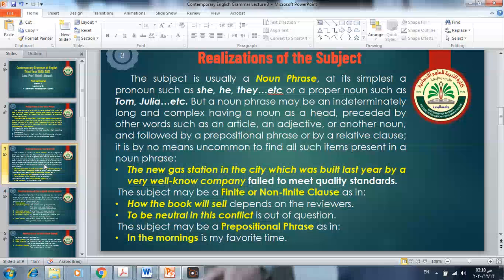So the subject here is realized by the non-finite to-infinitive clause. The other realization of the subject is that it may be realized by a prepositional phrase, as in the mornings is my favorite time. So in the mornings is the prepositional phrase, here acting as a subject.